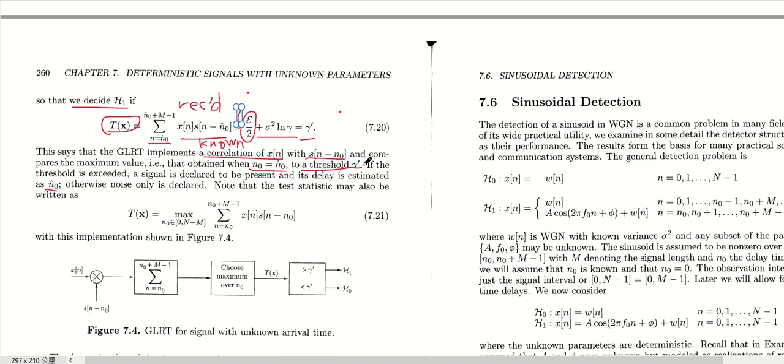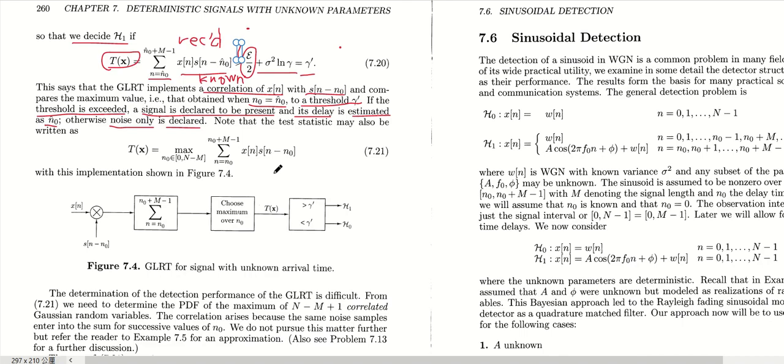Okay, so if the threshold is exceeded, a signal is declared to be present and its delay is estimated as n0. Otherwise, noise only is declared. Notice that the test statistic may also be written as this. So I think this one is clear. You receive a sequence of signal.